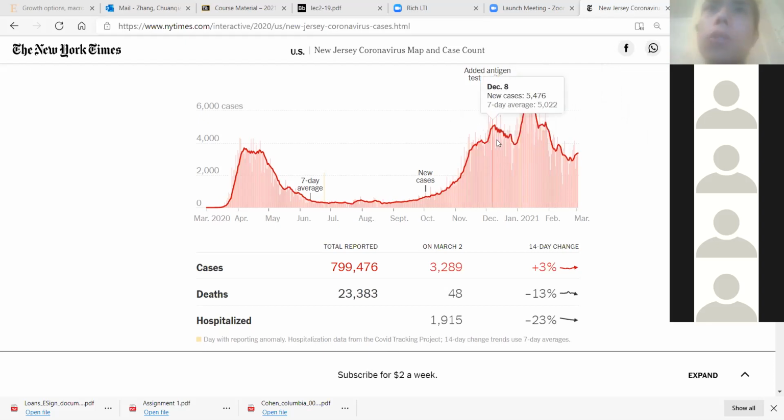And let me tell you the truth, this curve is relatively hard for forecasting, right? Because you can see the curve is very irregular compared to our GDP or any unemployment rate, right?